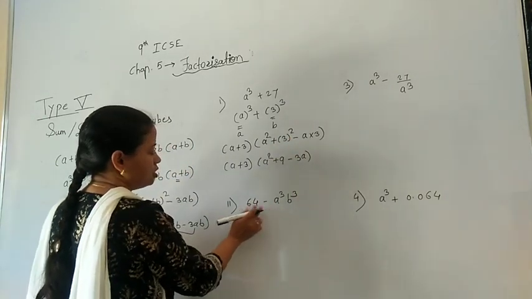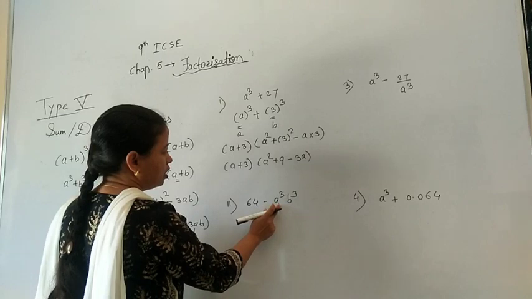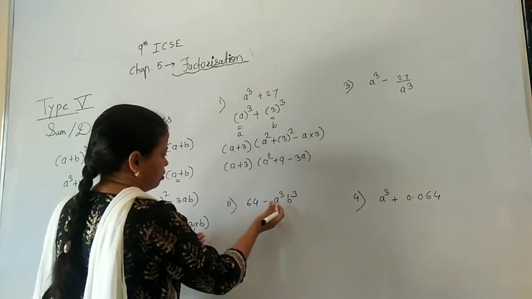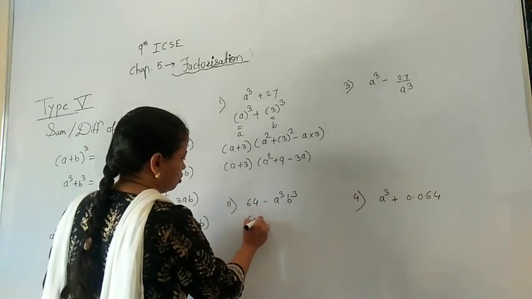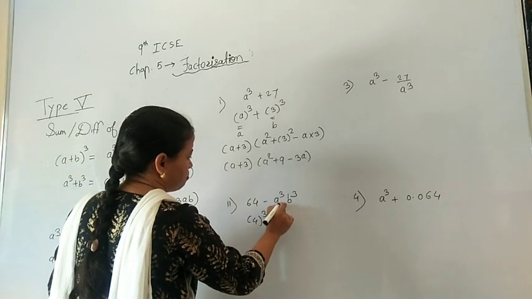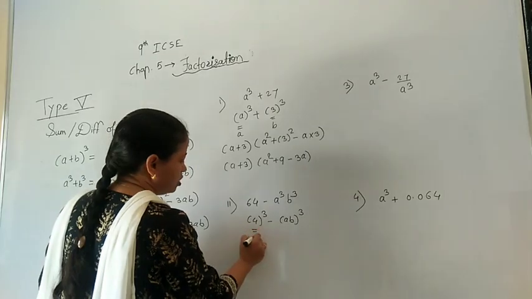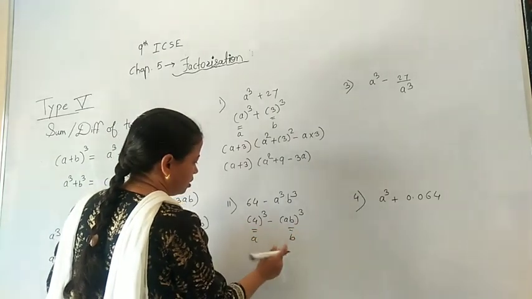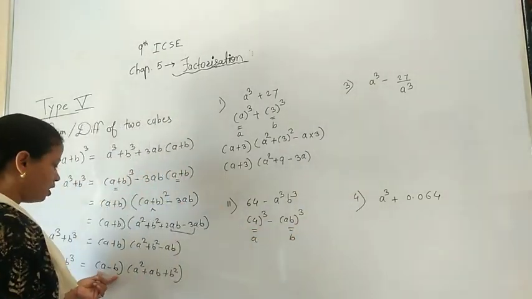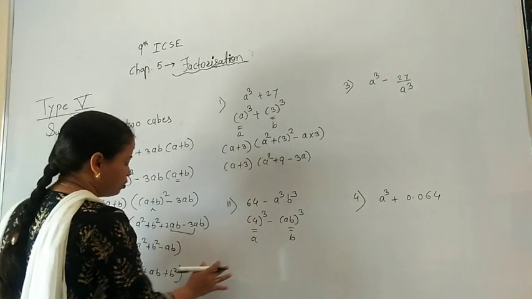Now look at this question. 64 minus a cube b cube. First root: 4 cube minus ab cube. So consider this as a and this as b. So we are having this formula a minus b. This factorization we know about.